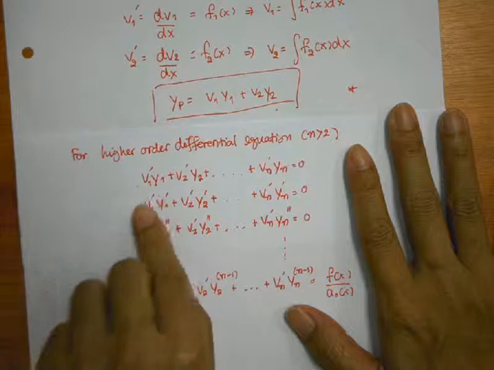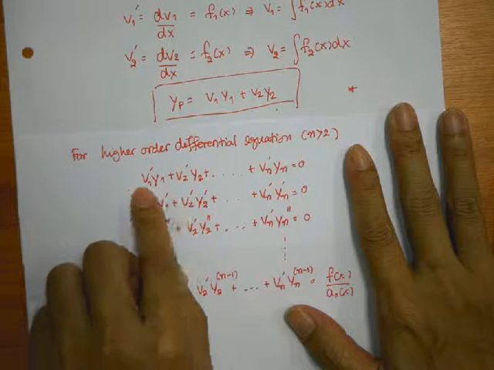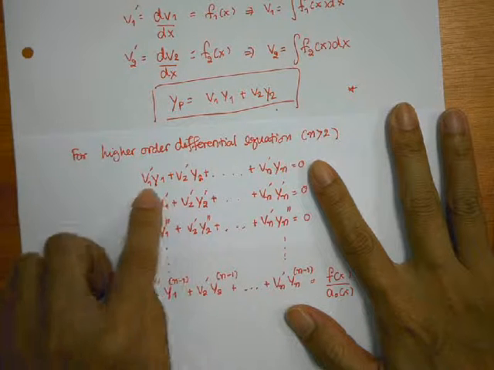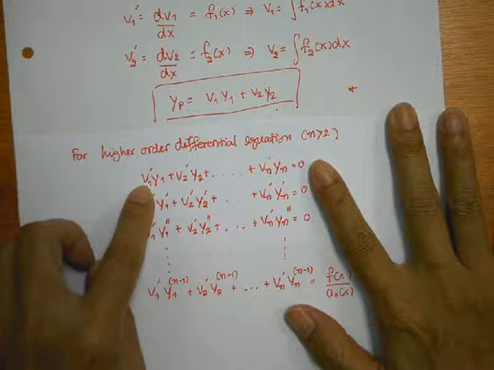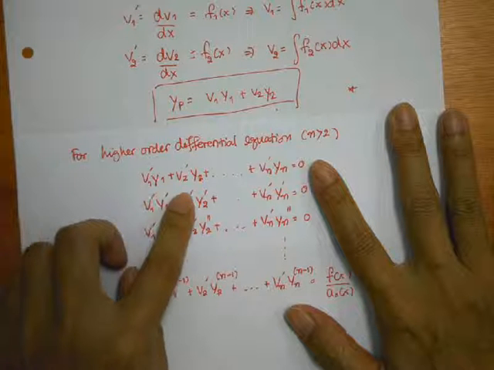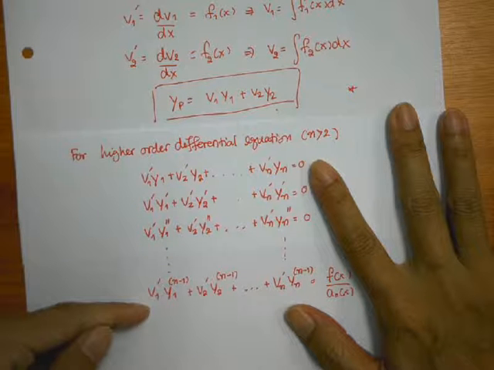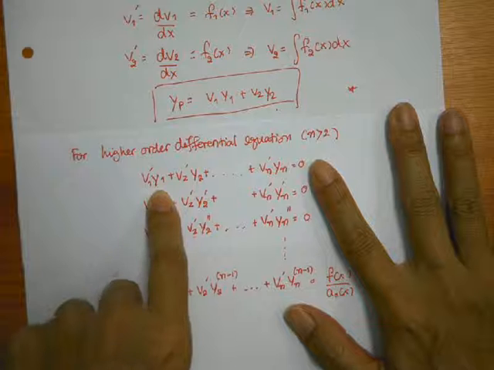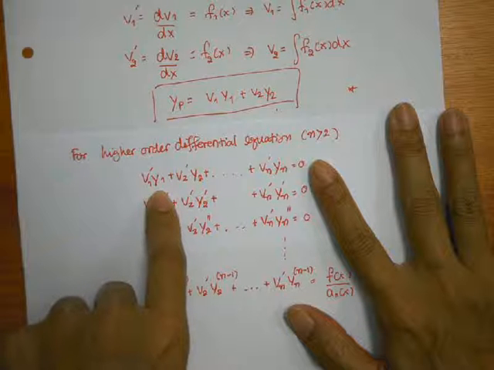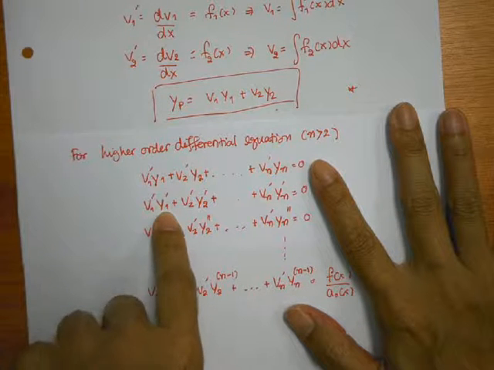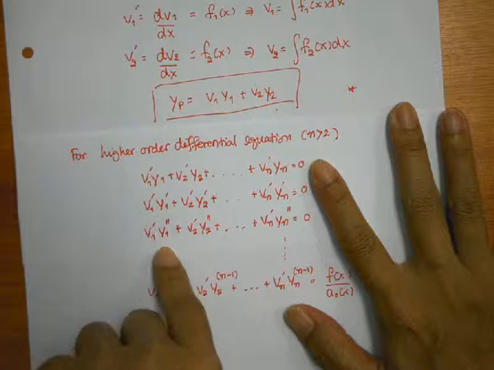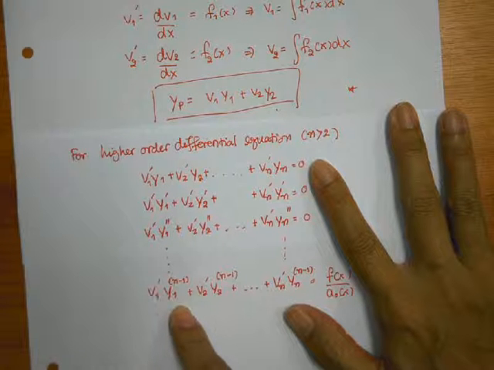So the parameters inside the equation are going to be the first derivative of V1, the first derivative of V2, and the first derivative of V3. All the equations would look like that. And then for the y term, it starts from y, then the first derivative and the second derivative, and the last one is going to be the n minus 1 derivative of y.